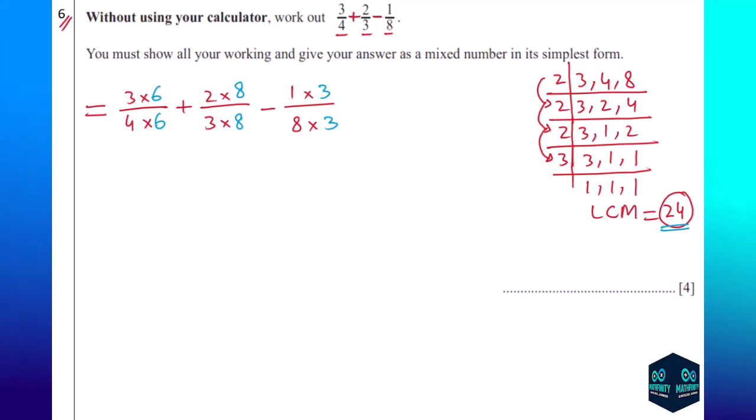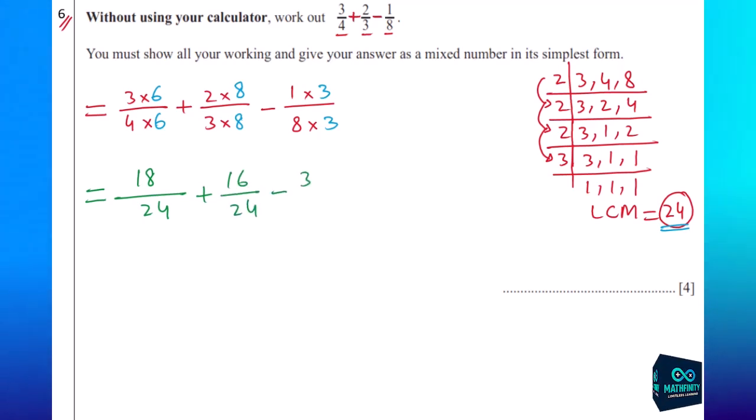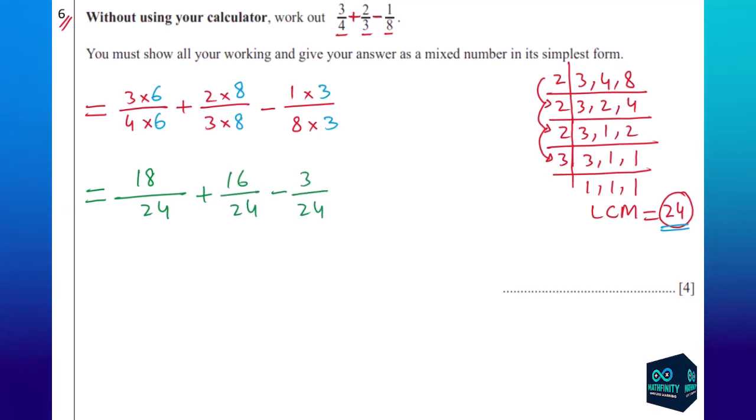After this, we will multiply and we will check. 3 times 6, 18 over 24 plus 16 over 24 minus 3 over 24. We made the same denominator.